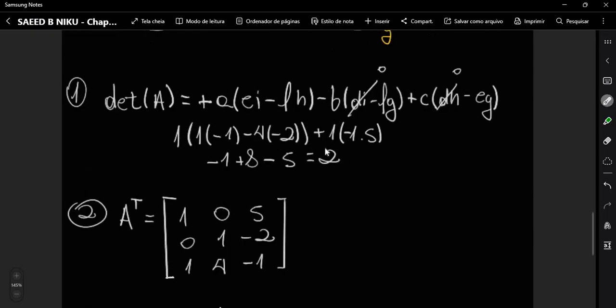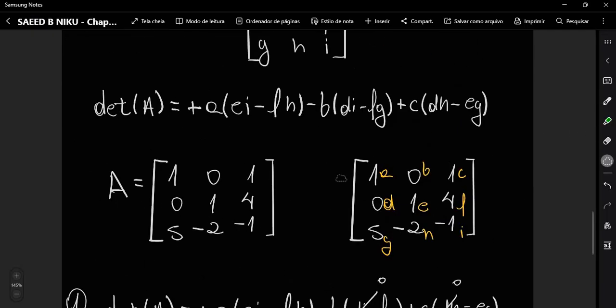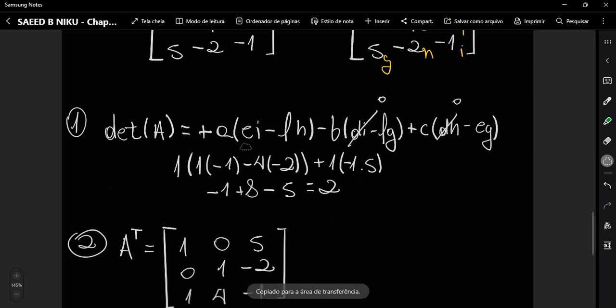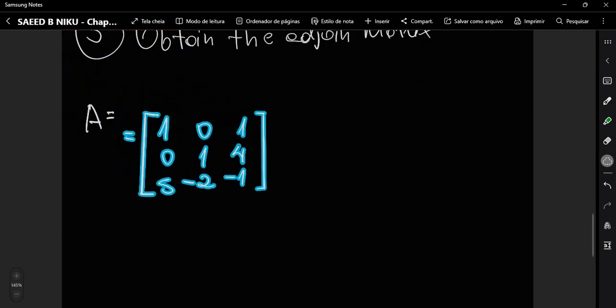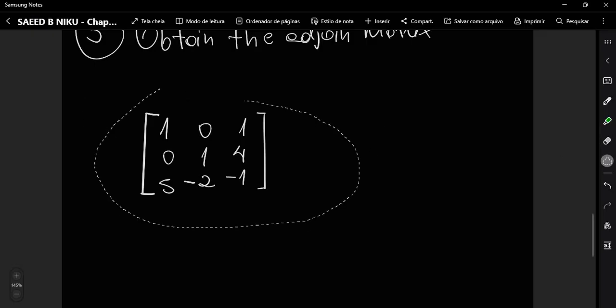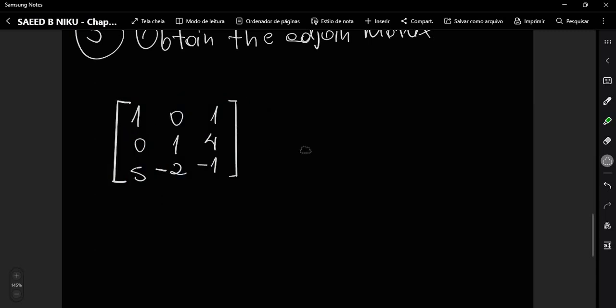So we have to take the original matrix and each term, each entry will generate a determinant.